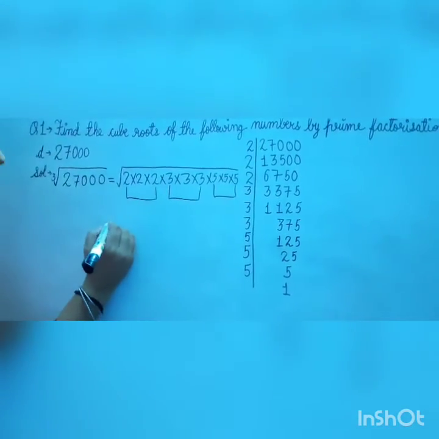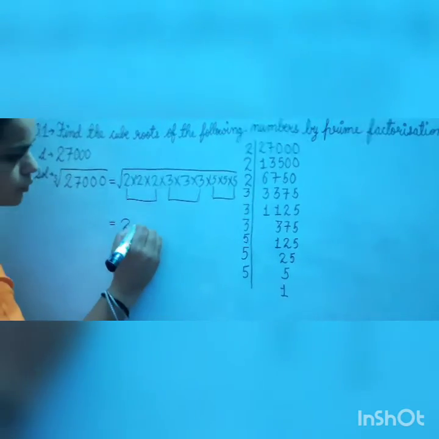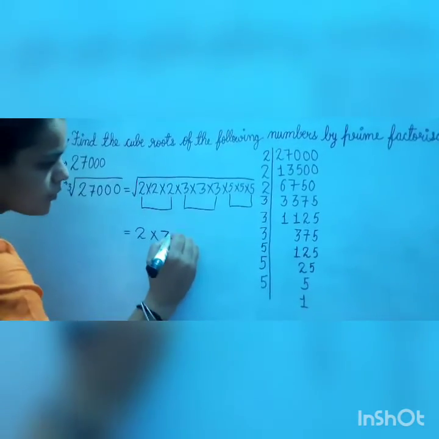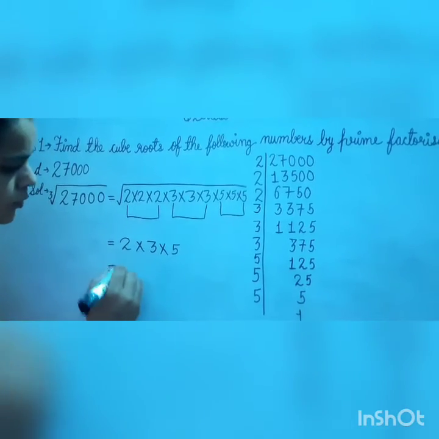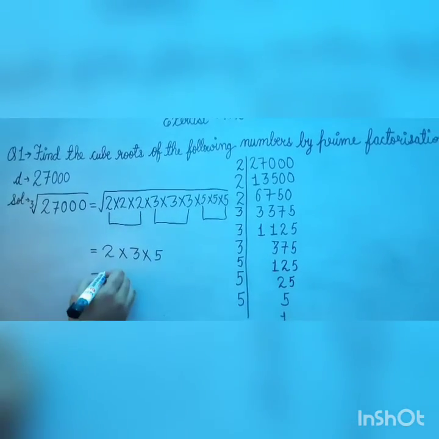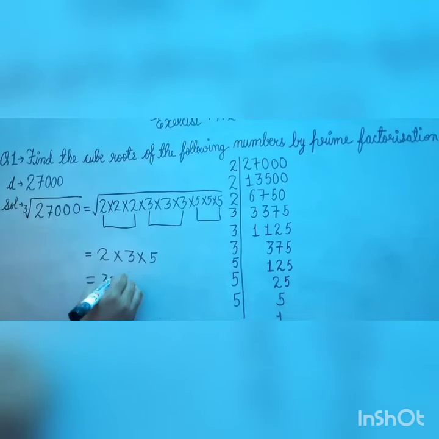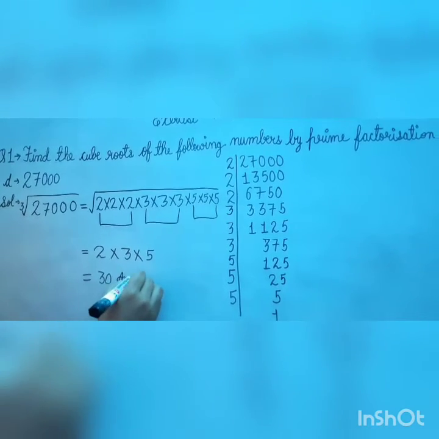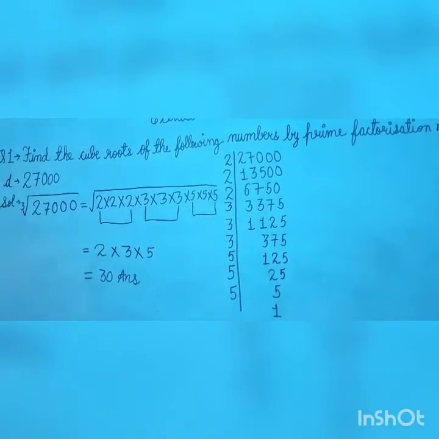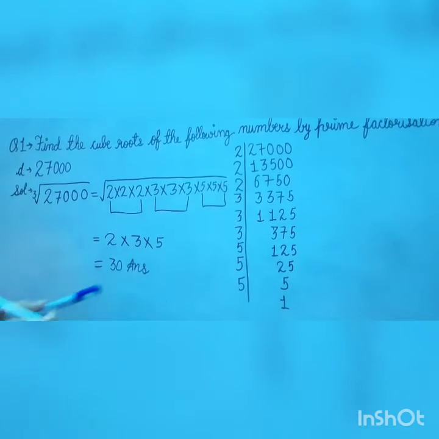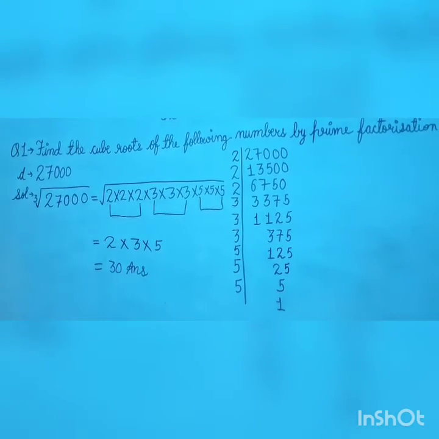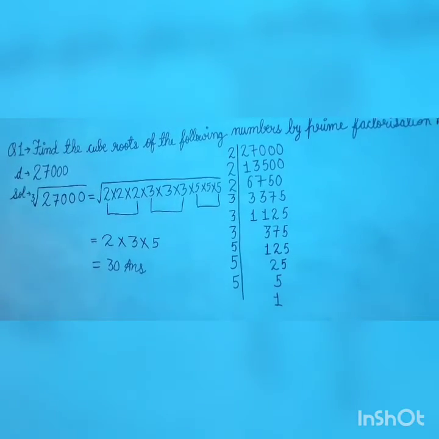You will write 2 multiplied 3 multiplied 5. Okay, 2 threes are 6, 6 fives are 30. So the cube root of 27,000 is 30. Okay class, this is your D part of question number 1.